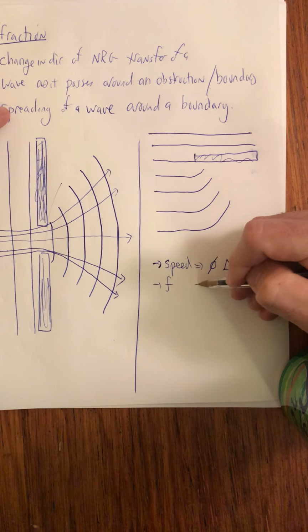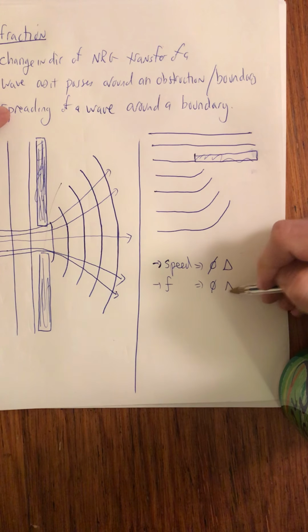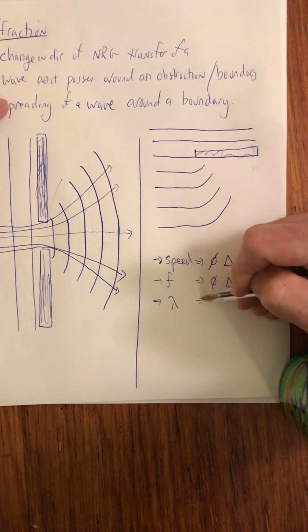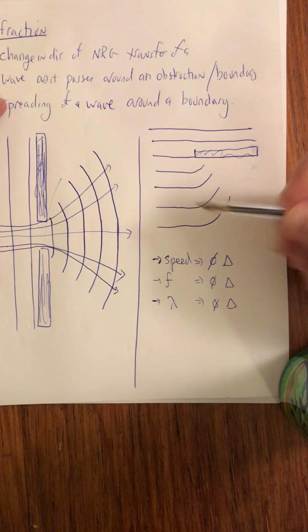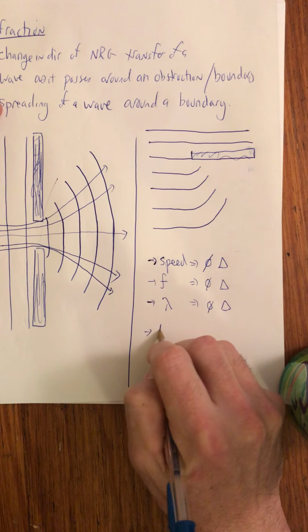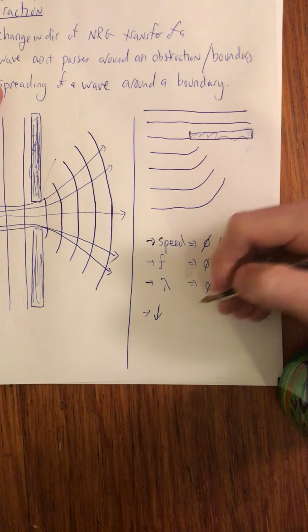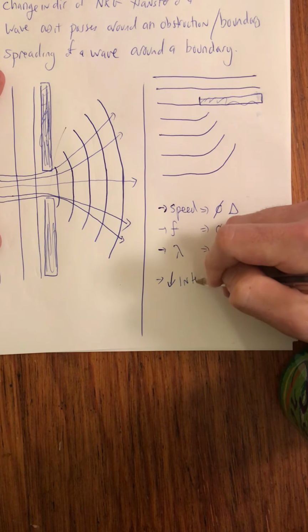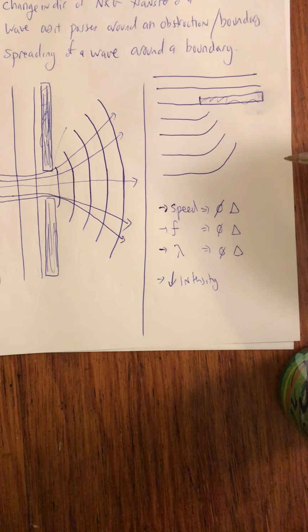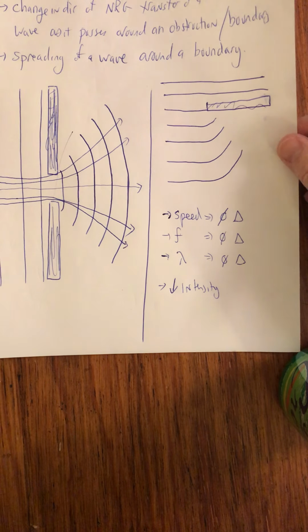The frequency of the wave does not change because the source doesn't. Therefore, the wavelength does not change because neither the speed nor the frequency changed. We saw a diminishment in the intensity or amplitude of the wave because that wave had to spread out over more area afterwards. So those are some of the basics of diffraction.